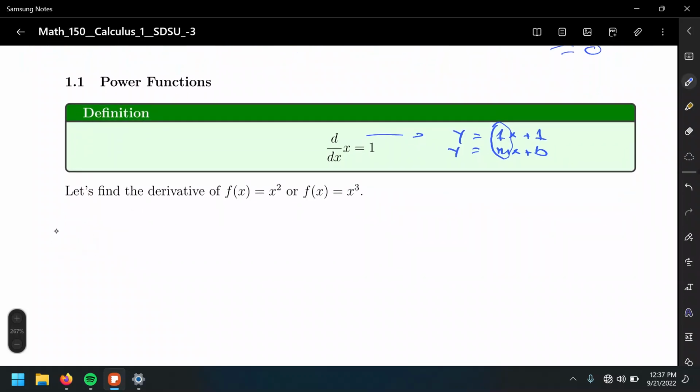So f prime of x equals the limit as h approaches 0 of the quantity (x plus h) cubed minus x cubed over h. In this case we need to expand the binomial cube. How do we expand binomials beyond the square?